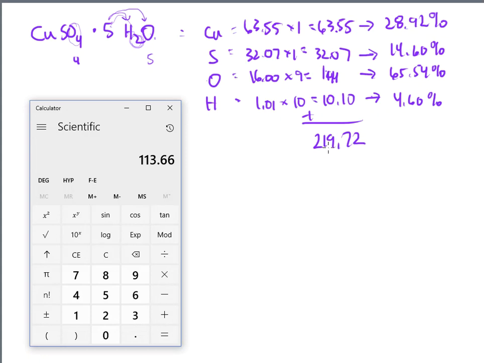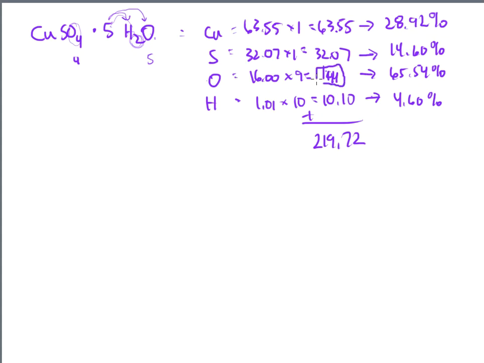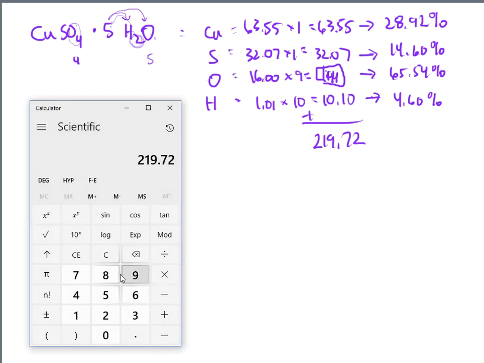When we did this formula weight, we did 63.55 plus 32.07 plus 114 plus 10.10. And that gave me 219.72. But when we did these percent calculations, we picked up on this error that we made, and we used 114 and not 144.